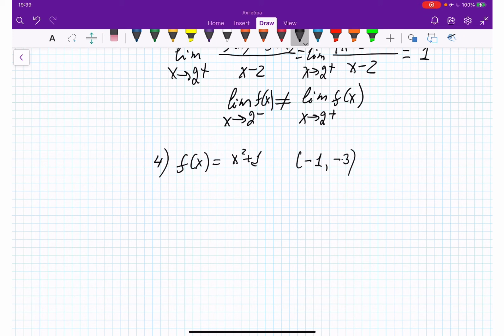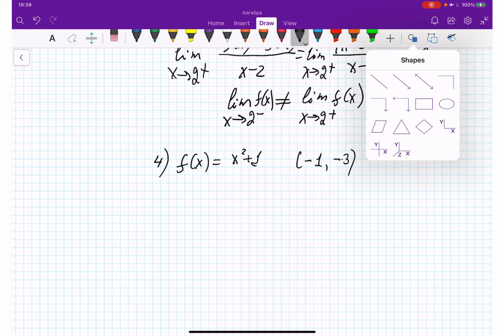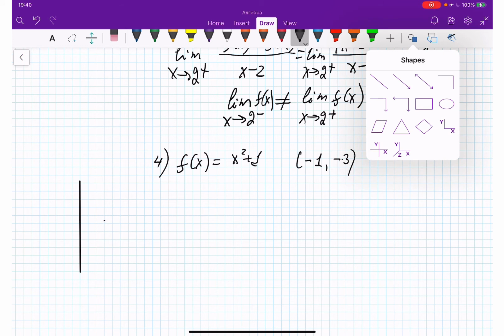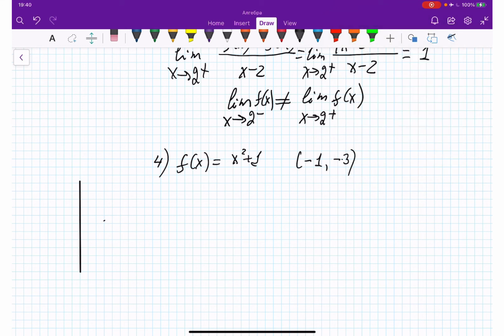So let me show you on the graph. Our graph is going to be x squared plus 1. Okay, so this is x squared plus 1.